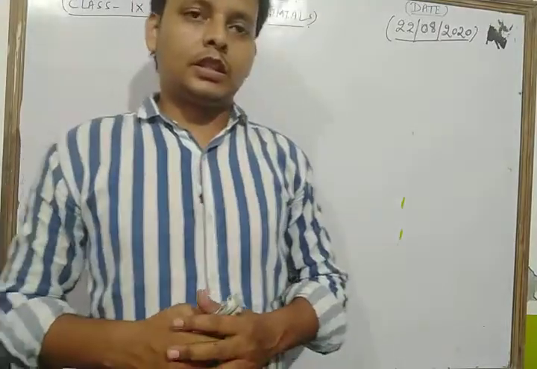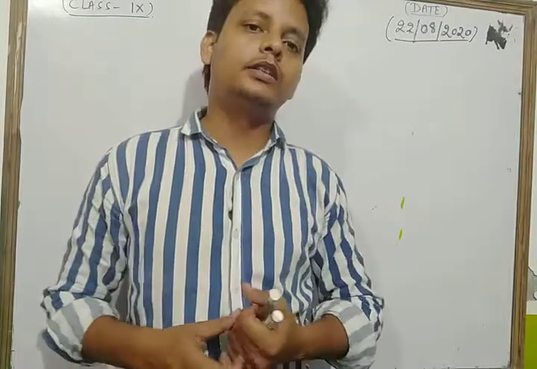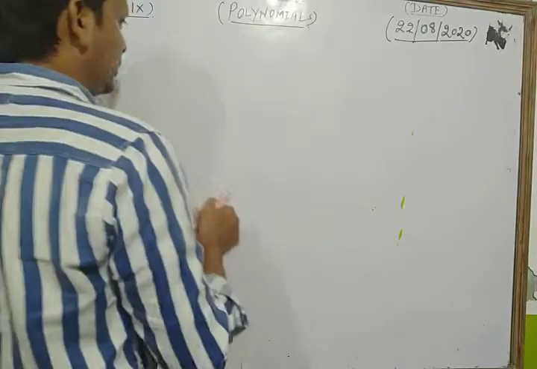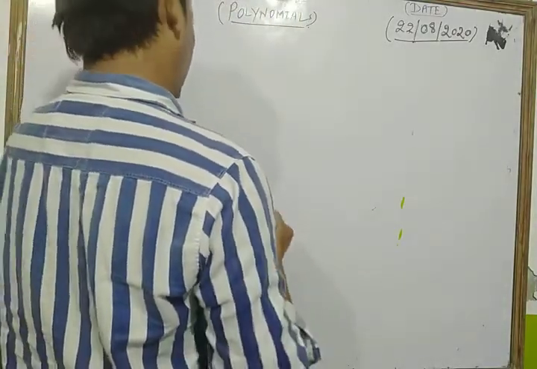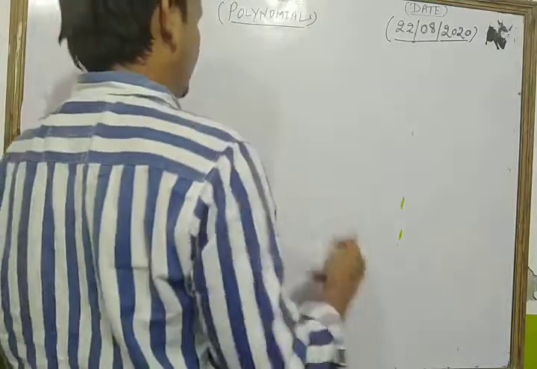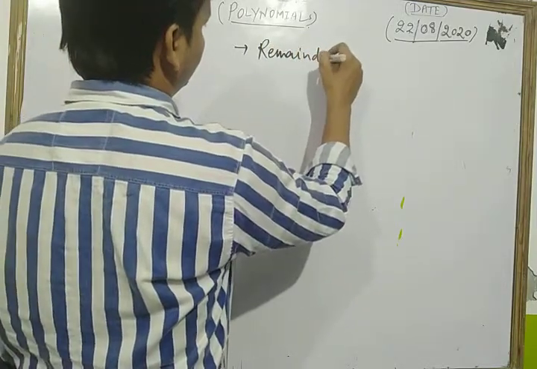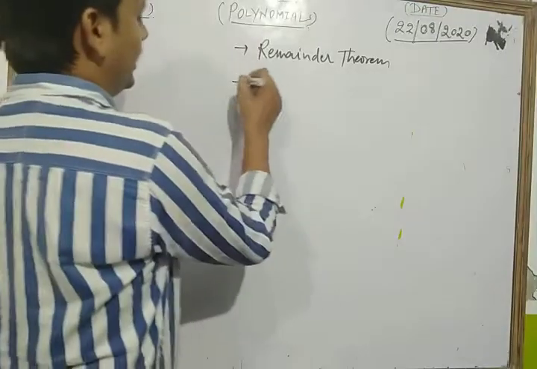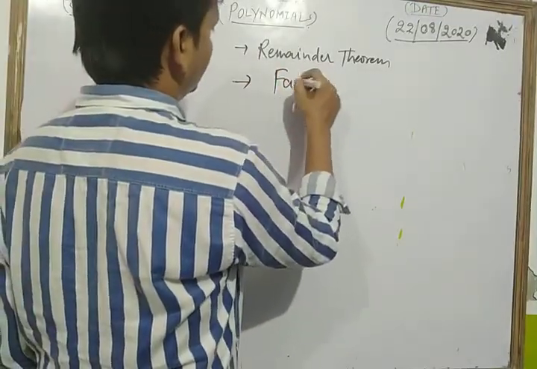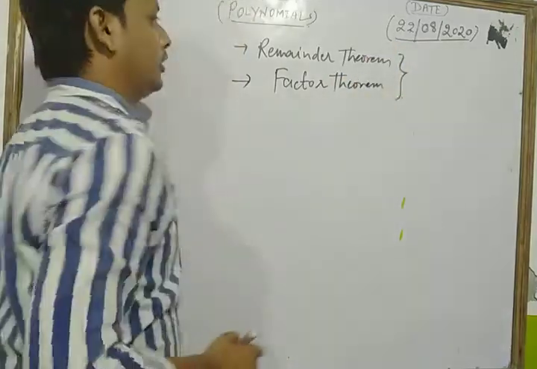In previous class we discussed the chapter polynomials, and in that chapter we discussed two important things. First one is the remainder theorem, and second one is the factor theorem.